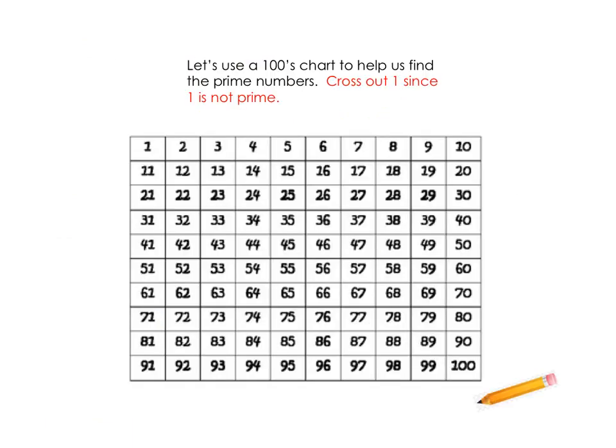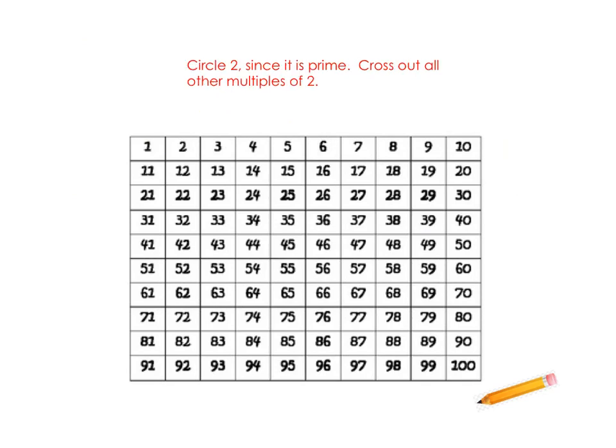Now we're going to get out that hundreds chart to help us find some prime numbers. What I'd like for you to do first is cross out 1 because it is not a prime number. Now you're going to circle 2 because it is prime. Then we're going to cross off all other multiples of 2.